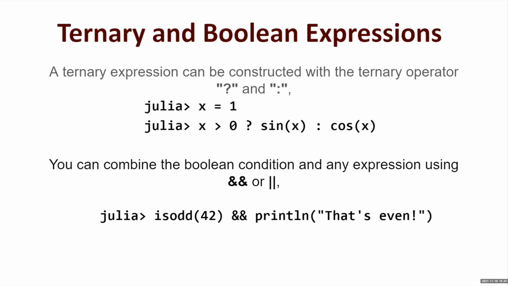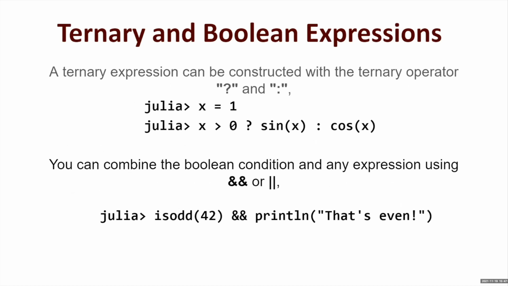So ternary or Boolean expressions are used pretty regularly as a part of your conditional statement. For those of you who are familiar with C, the second example here, x greater than 0, question mark, sine x, colon, cosine x. What it does is first try to tell if your x is greater than 0 or not.